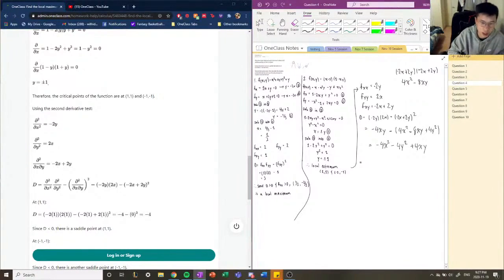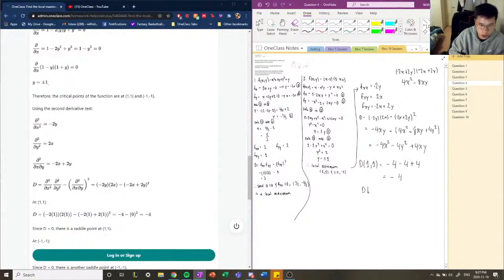So that's our discriminant. We're going to take the discriminant at (1, 1), and that is equal to negative 4 plus 4, which equals negative 4.